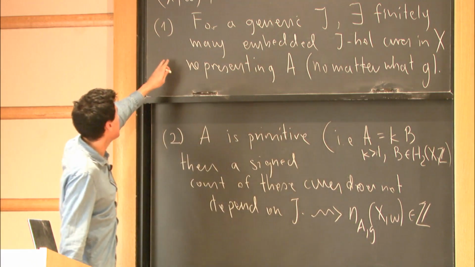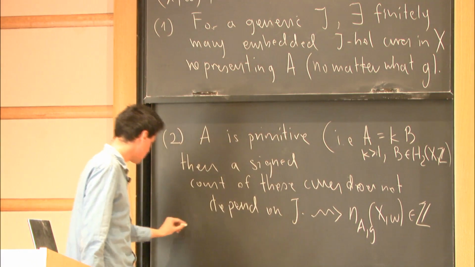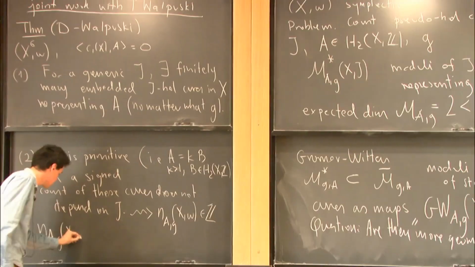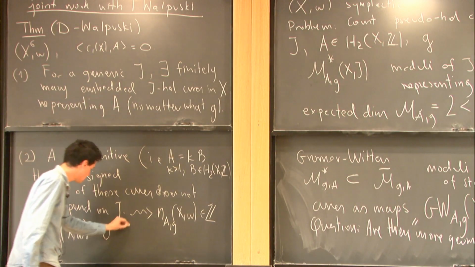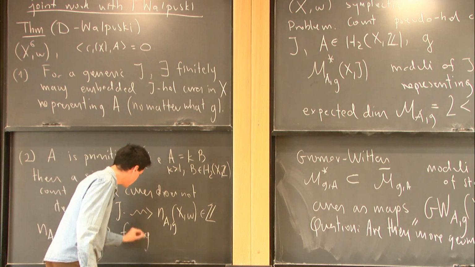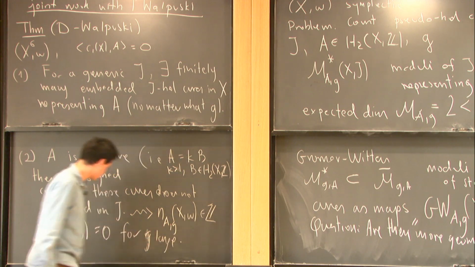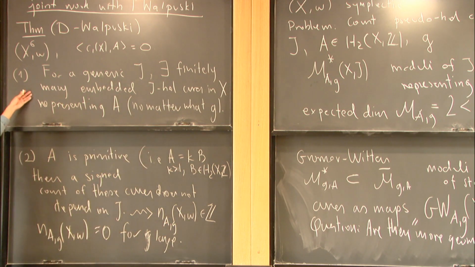And in particular, by the first part of the statement, we see that N_{A,g}(X,ω) is 0 for sufficiently large g, because in the first part of the theorem, there are only finitely many curves, no matter what genus. So for some large genus, this number would be 0.